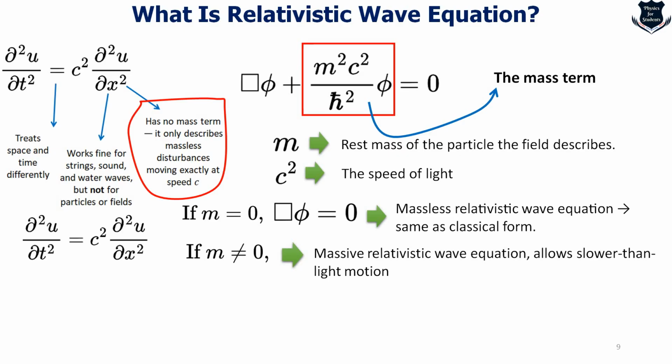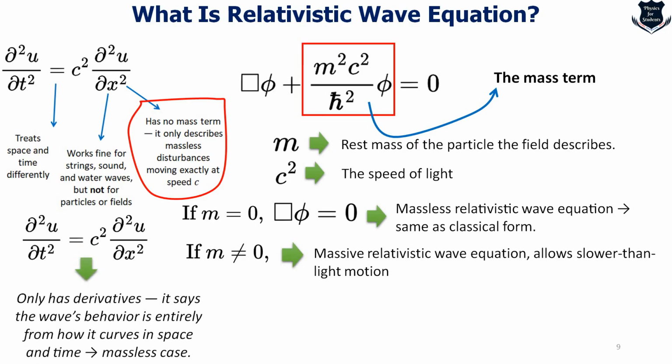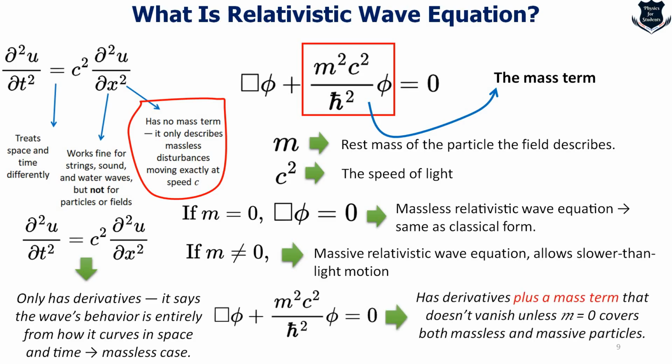From here, what you can see is that this has only derivatives; it says the wave's behavior comes entirely from how it curves in space and time. And now we have this equation, which has derivatives but also a mass term that does not vanish unless m is equal to 0. So the key takeaway is that in classical waves the behavior comes purely from how the wave curves in space and time.